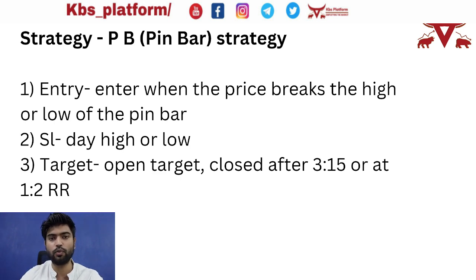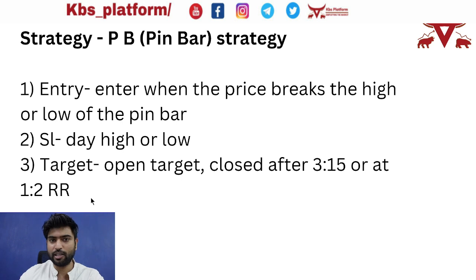Always the day low of today's session will be our stop loss. Similarly, if we found a pin bar in the previous session at the day low, our entry will be when the pin bar low is crossed in today's session, and our stop loss would be the day high. So this was our stop loss criteria. We'll discuss that in the charts. But before that, we'll also discuss the target.